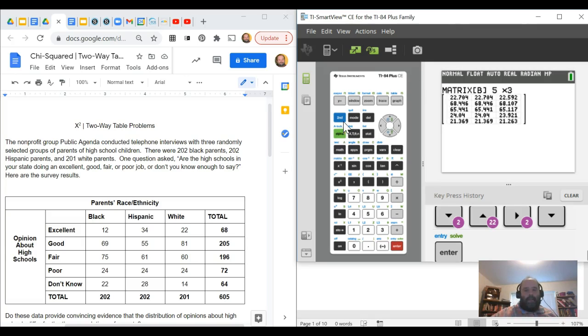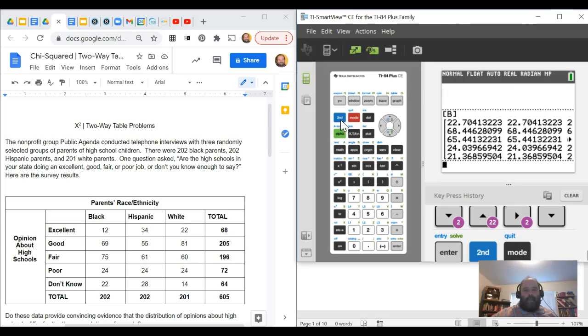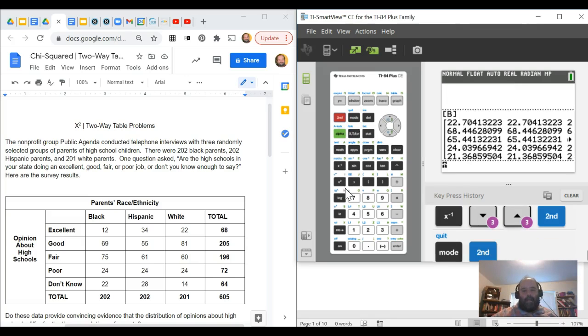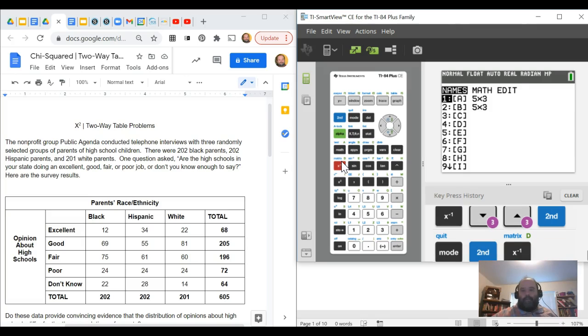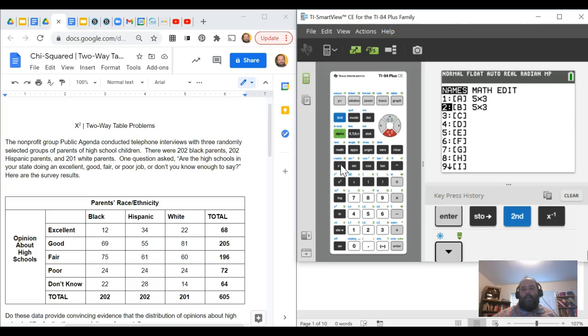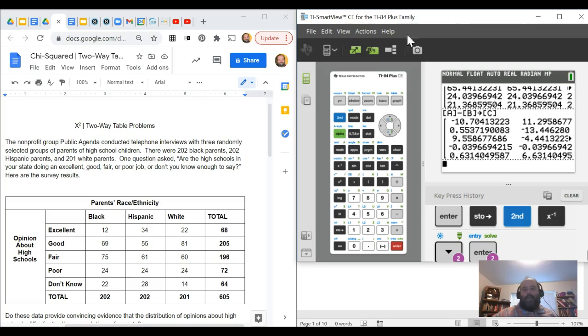An easy way to do this is to make a matrix. Let's stop. What do I want to do? I want to take matrix A, which is my observed, and subtract matrix B, which is my expecteds, and store that into matrix C. This will give me an easy way to see where some of that disparity is.